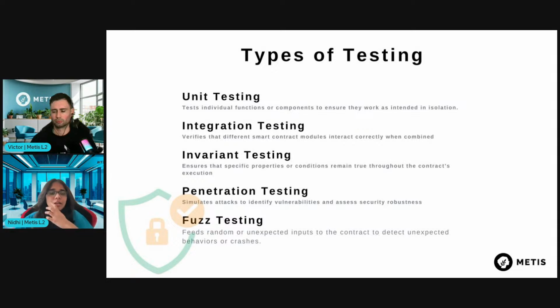There is a flow: first we do unit testing, maybe manual testing, and then for some functions we do fuzz testing, as I said, where we feed random and unexpected inputs to the contract to detect unexpected behaviors or crashes. That's how we secure the whole contract, by doing all of them together.